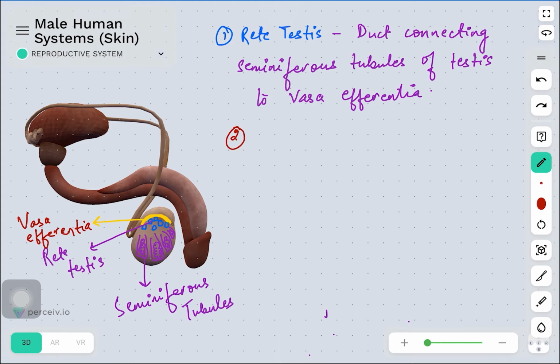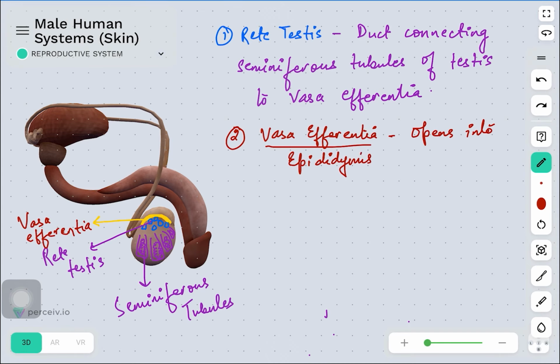Now, what about vasa efferentia? Vasa efferentia is a duct which will open into epididymis.